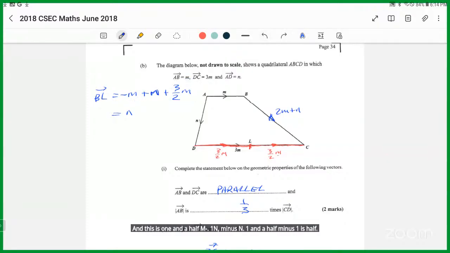So I'm going to write plus half M. So it's N plus half M.